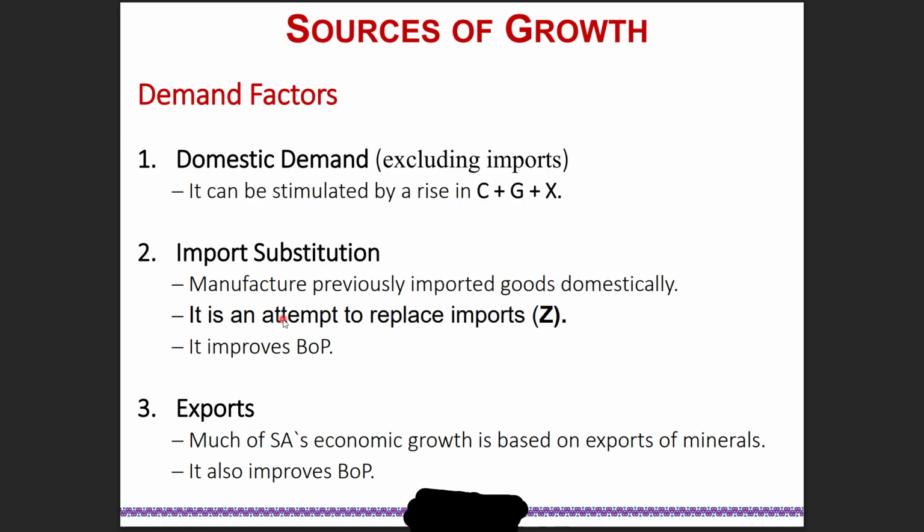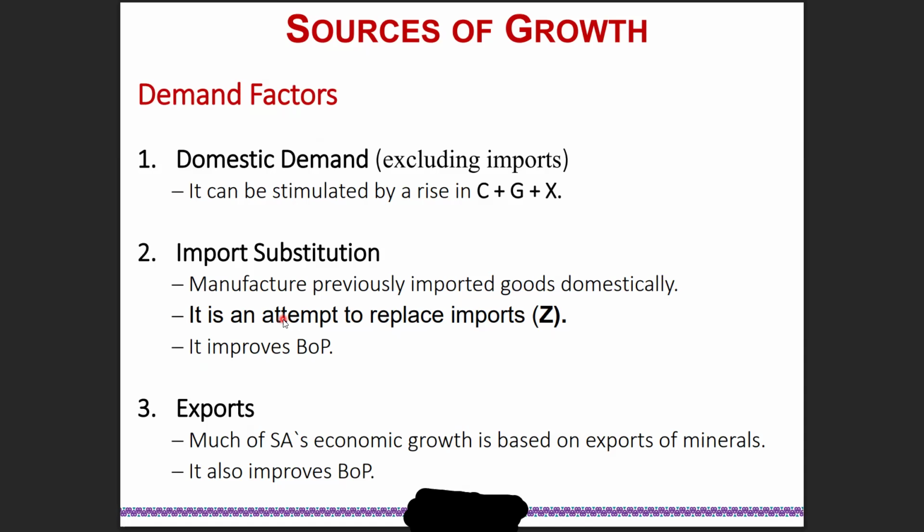And then we also look at import substitution, where we said we want to produce locally the goods that were imported, so that people don't spend in other countries, right? We want them to spend within South Africa. Obviously, if we're increasing the production of these goods, it's going to increase what?